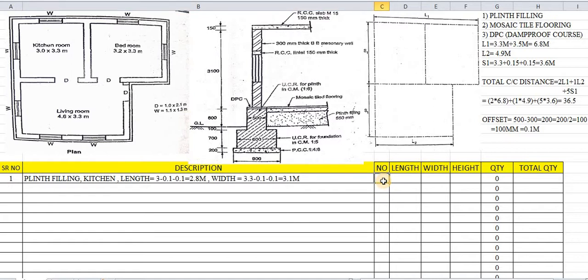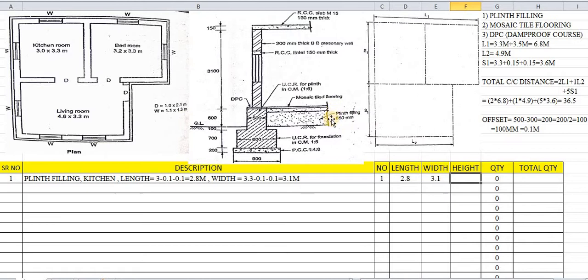How many kitchens are there? Only one. What is the length? We have just calculated the length as 2.8. The width just calculated is 3.1. What about the height? There is no height as such provided, but the height of the plinth filling has been mentioned as 650 mm, whether it is visible or not.